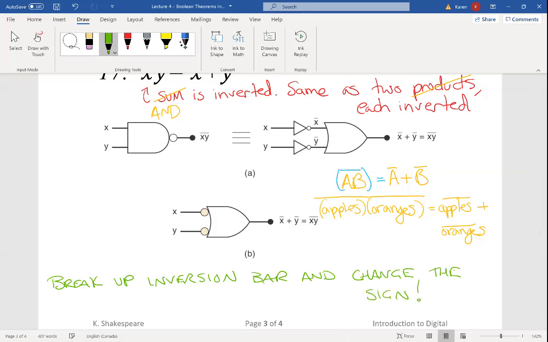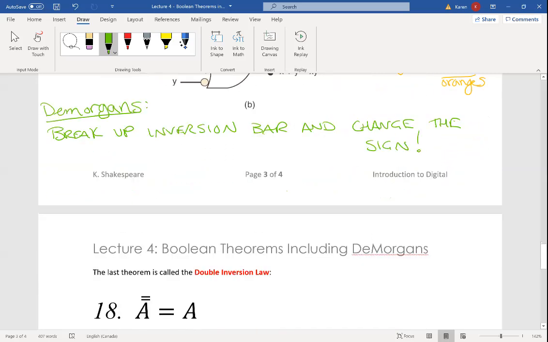That's all there is to it. Break up. That's what DeMorgan's say. Okay, 16 and 17 say break up the inversion bar and change the sign. Again, if you don't believe me, do a truth table for each of them.